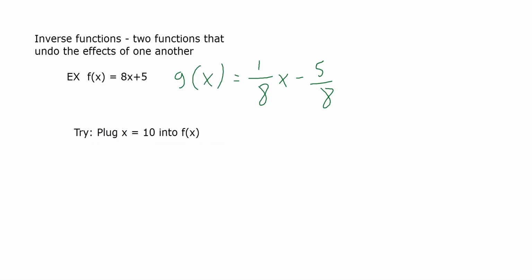Okay, well, f of 10 is going to be 8 times 10 plus 5, which is 80 plus 5, which is 85. So this is how the machine works. We take an x value of 10, plug it into the function f, and whatever we get from that, we plug into g of x. So we're going to look at what g of 85 is.